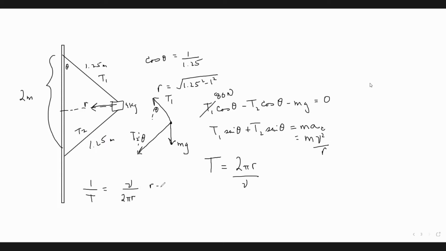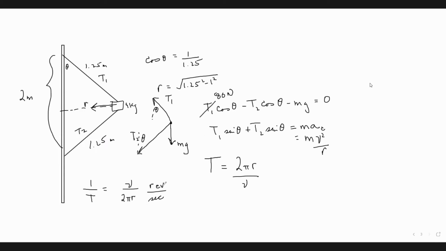It takes 2 pi r over v seconds to go all the way around. 1 over T is the number of revolutions each second.